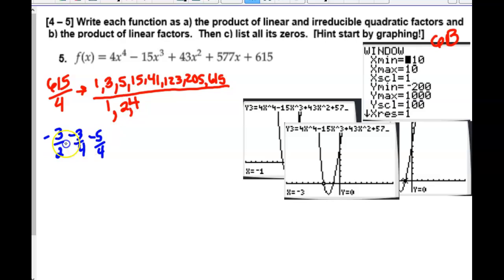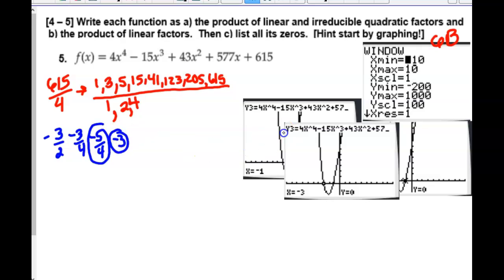Those are all fairly close to -1. Anybody try those? One of those works. Yeah, -5/4 works. And then the one that we found that also worked was -3, right?